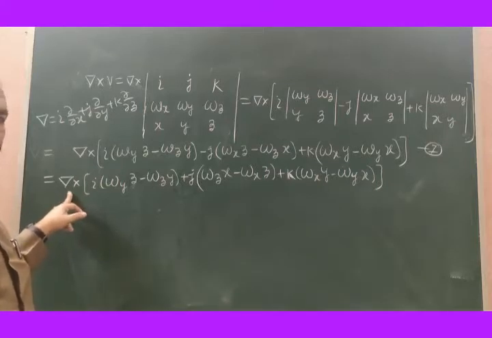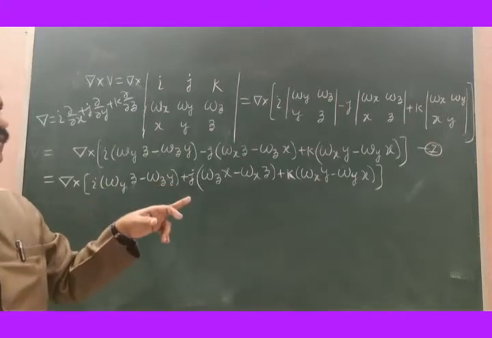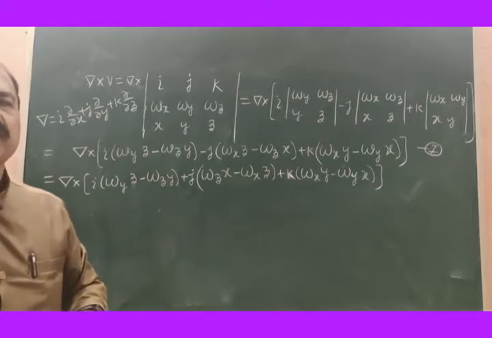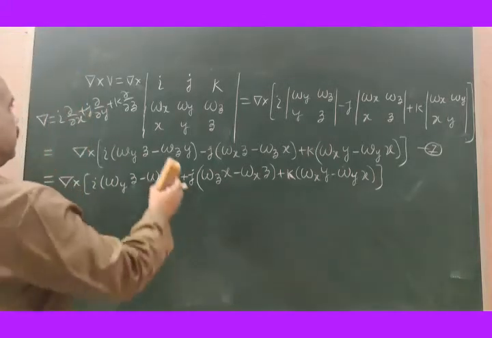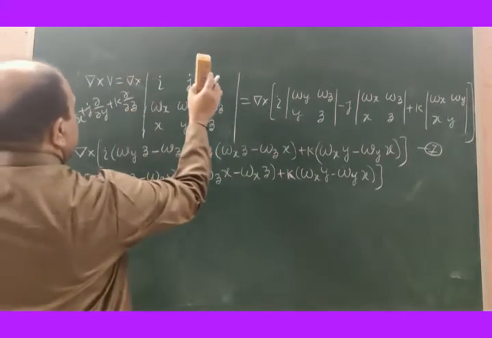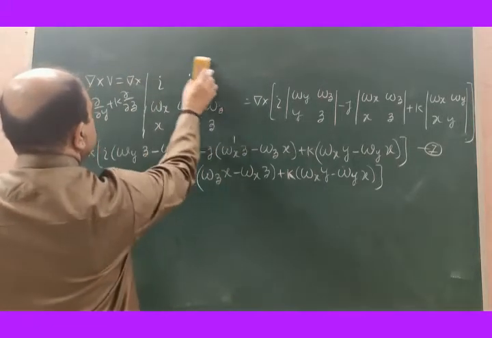Del cross this vector can again be represented by a 3 by 3 determinant, and let me write it here.